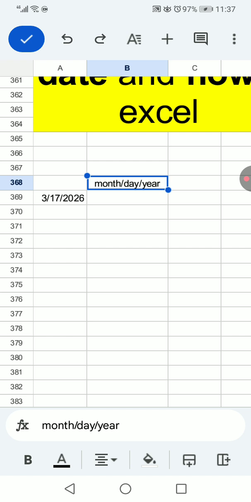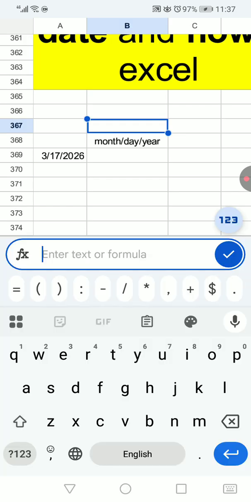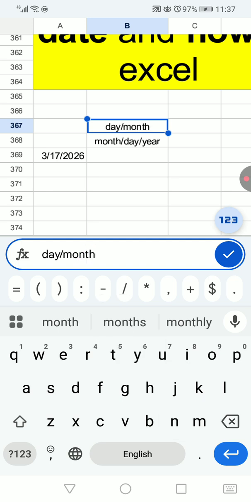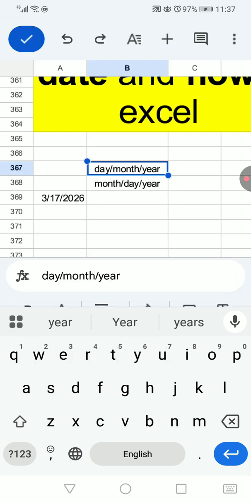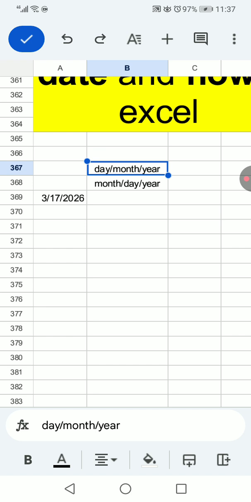Sometimes you may be confused, sometimes you may forget how to write the date, because in Pakistan we normally write the day first, then month, and then year. Please keep in your mind, when you write the date in this way, Excel formulas would not work. So you will have to follow the format.